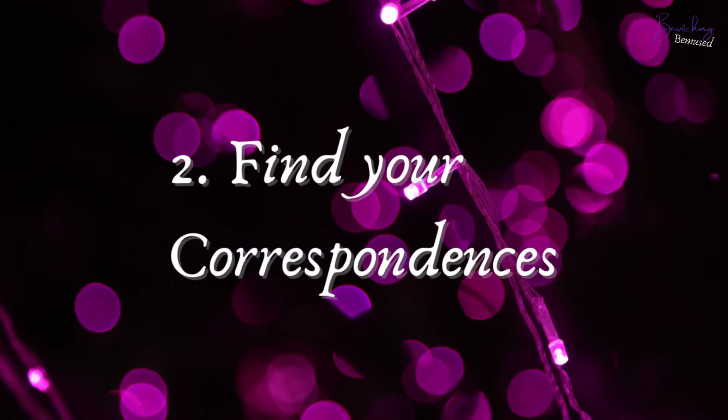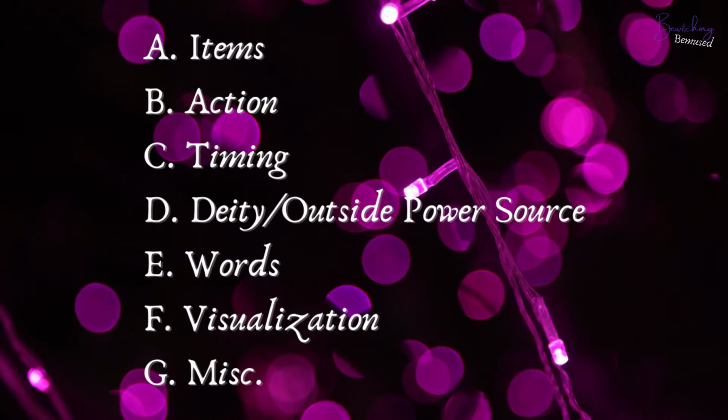Step two, find your correspondences. This is by far the heftiest part of creating your own spell, so I've broken it down into 6 categories. Items, action, timing, deity or outside power source, whatever your given higher power is, words, visualization, and miscellaneous.